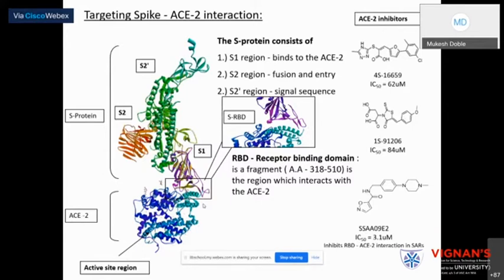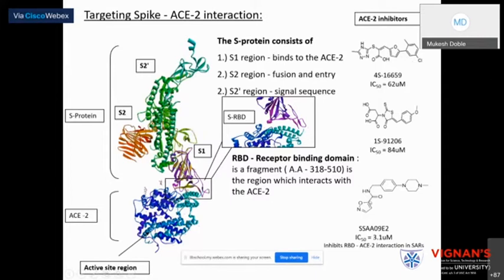If ACE2 is inhibited too much, too much angiotensin 2 could lead to cardiovascular hypertension. So one needs to keep those points in mind, especially those who have cardiovascular issues, who will also have side effects related to this. But one can look at these and design novel structures based on the structural similarity of these molecules.